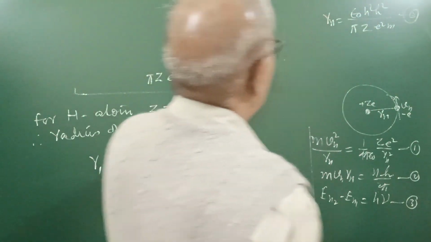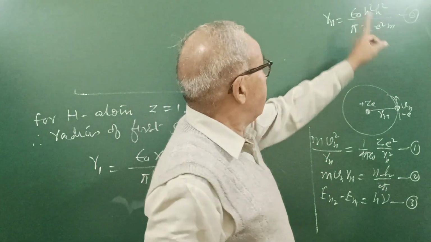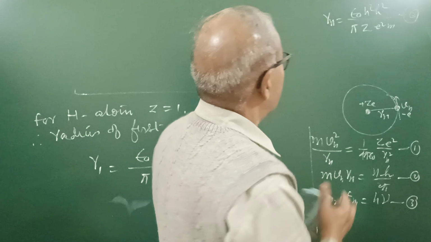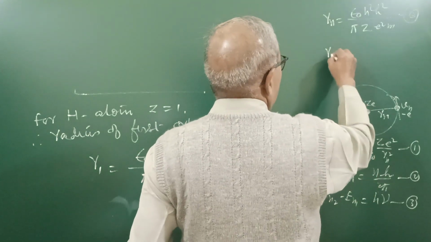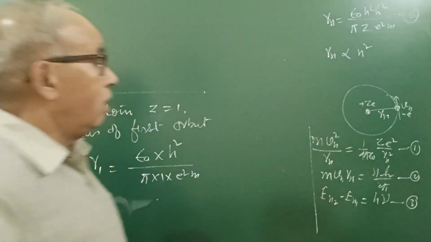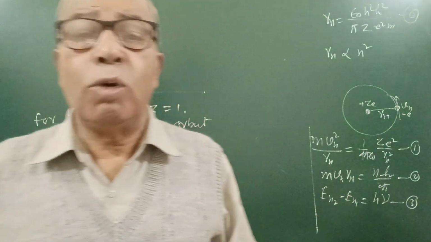So for an atom, epsilon 0, pi, Z, e square, m, h are constants. So you can also write here Rn is proportional to n square, meaning the radius will increase according to n square.